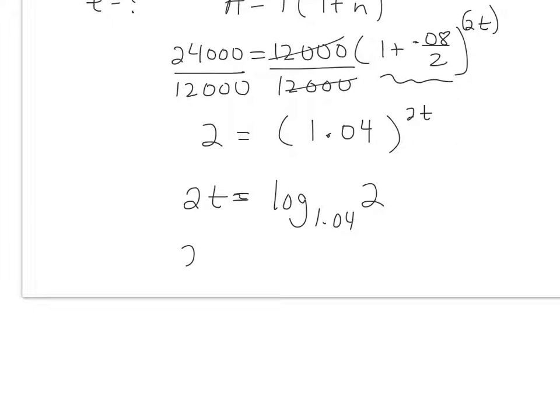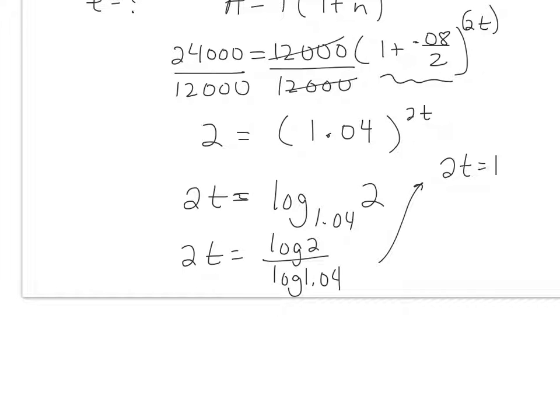And so if I put that in the calculator, it's 2t equals log of 2 divided by log of 1.04. So that's going to give me 17.67. I'll say 17.7.